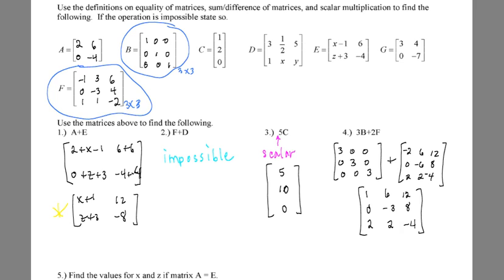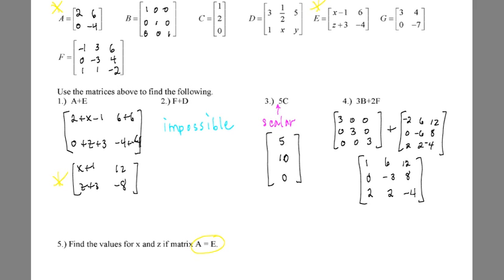Matrix equality. If matrix A is equal to matrix E, and let me erase that part, okay, so we're saying A is equal to E. Here's A, here's E, and if those two matrices are equal, can we find the values of X and Z?